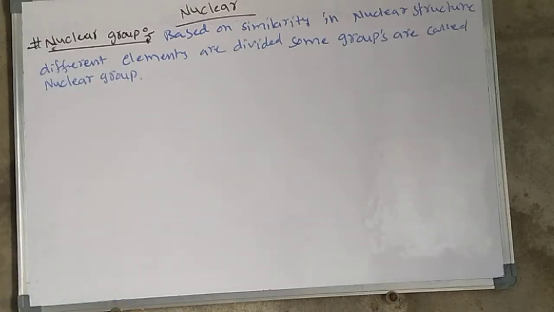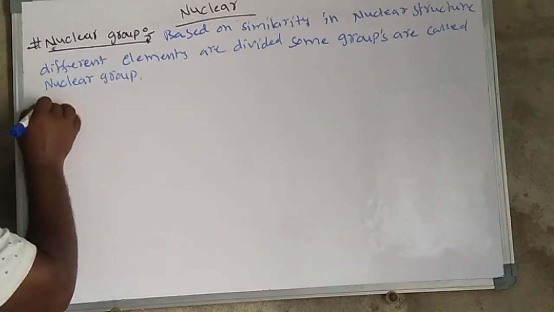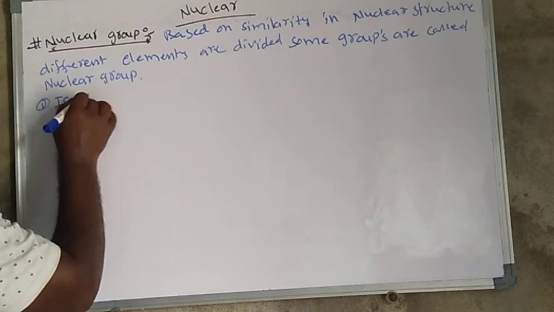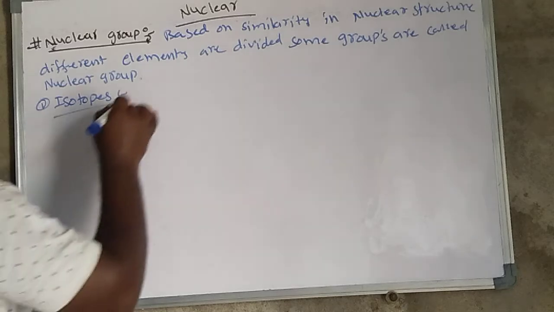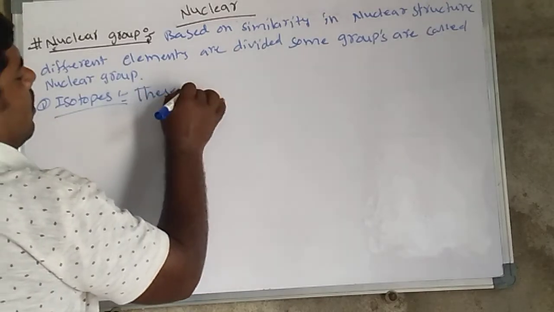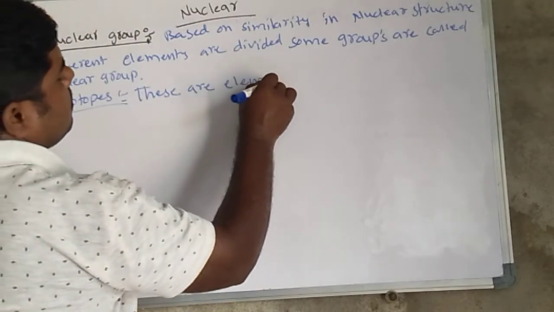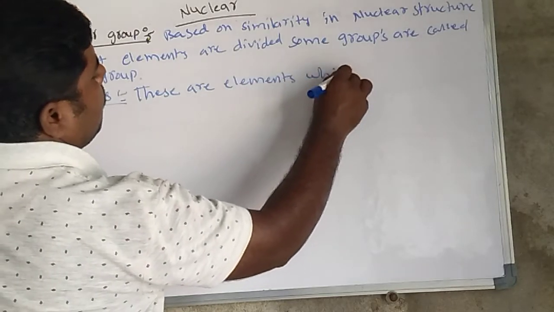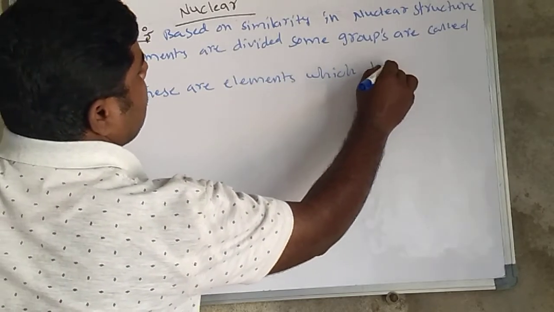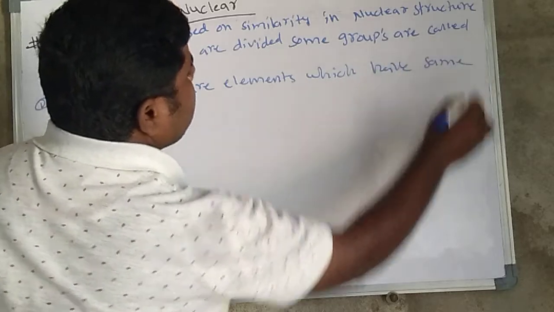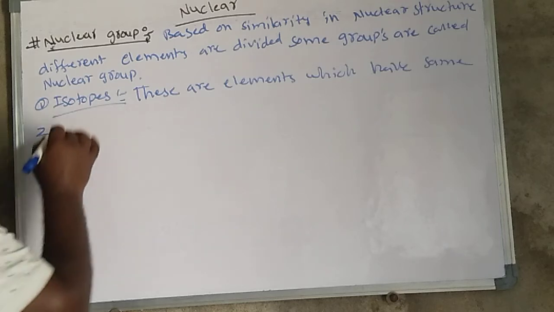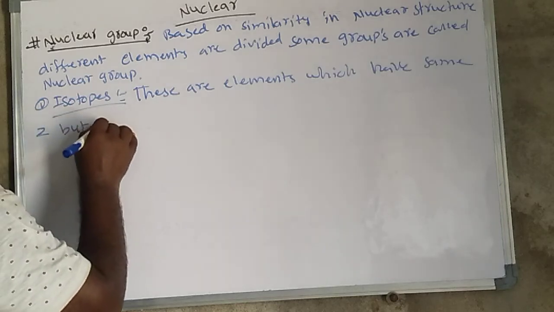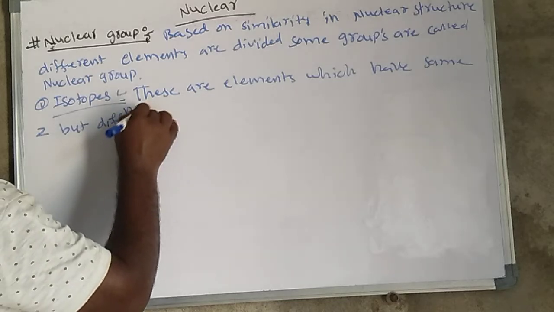The very first one, isotopes. These are elements which have the same Z value but different A value.